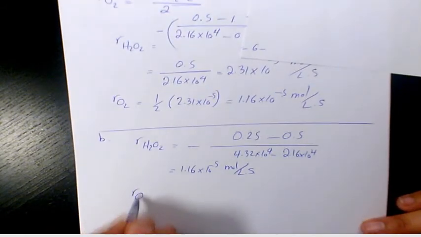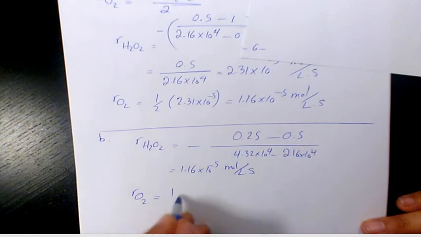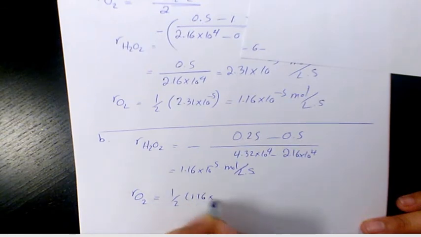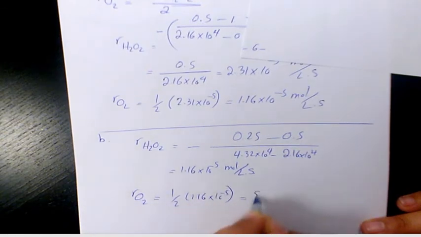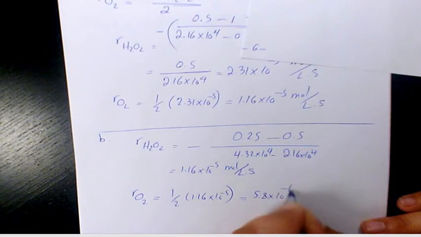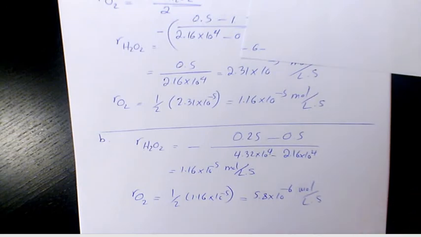And the rate of change in oxygen is going to be half of that, which is going to be 5.8 times 10 to the power of negative 6 mole per liter per second. So that's going to be the rate of reaction of oxygen.